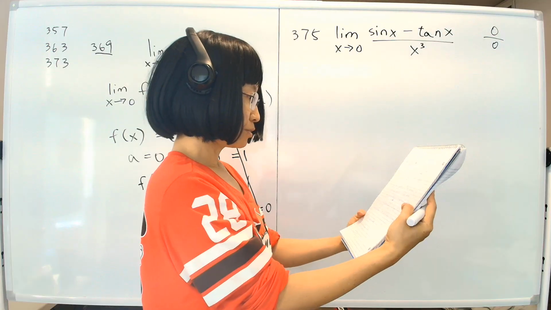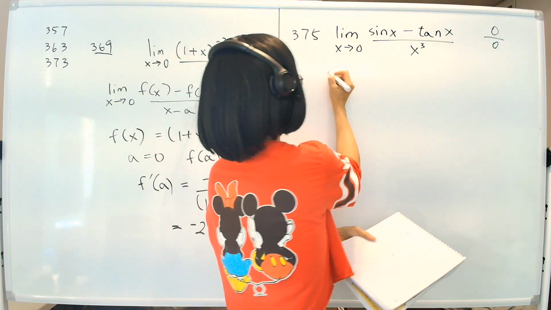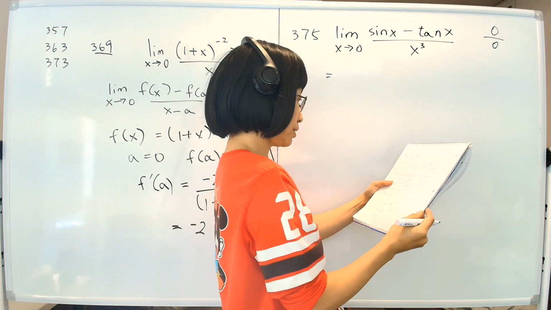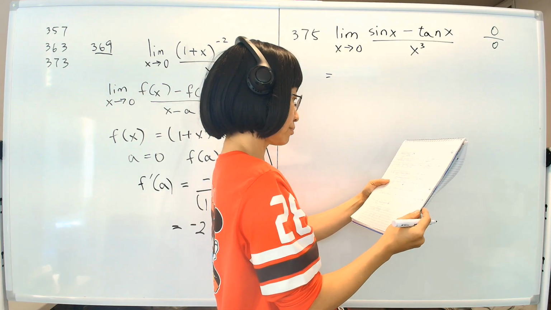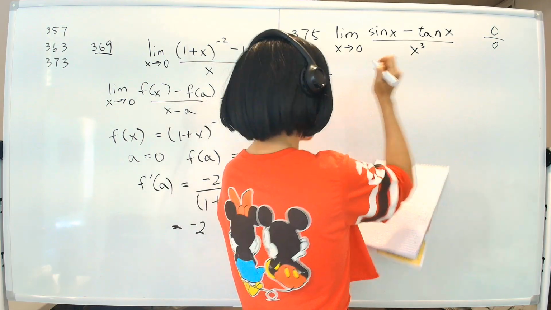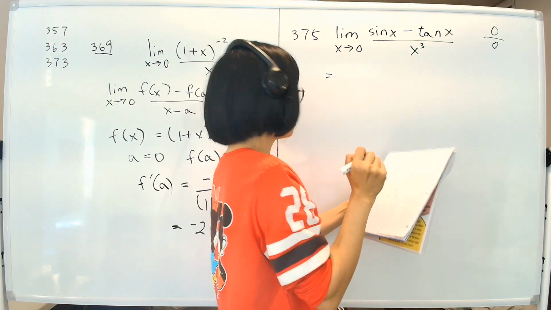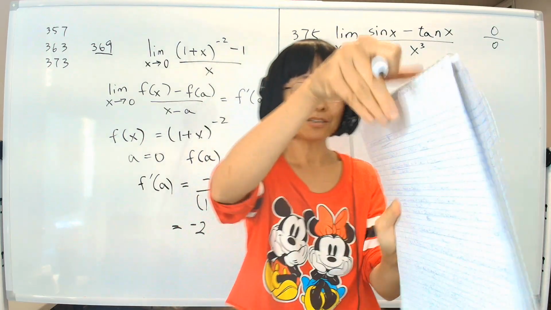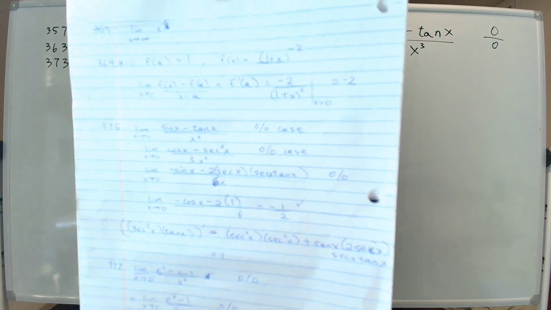To use L'Hopital's rule, we go ahead and take the derivative. I don't think I'll finish writing this; I'll just show it to you and talk about it to save us some time.